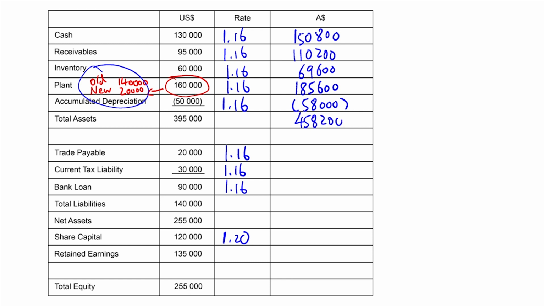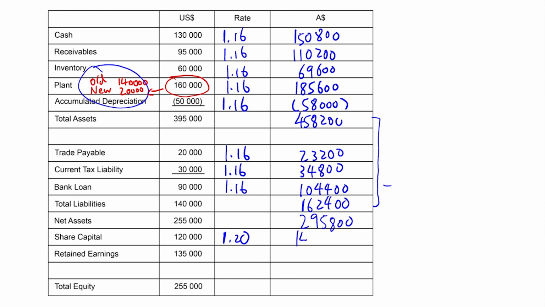After that, trade payable. So once again, if you add up the total liabilities is going to be 162,400. Then the net asset, as we all know that net asset equals to total asset minus total liabilities. So the net asset for this one is 295,800.